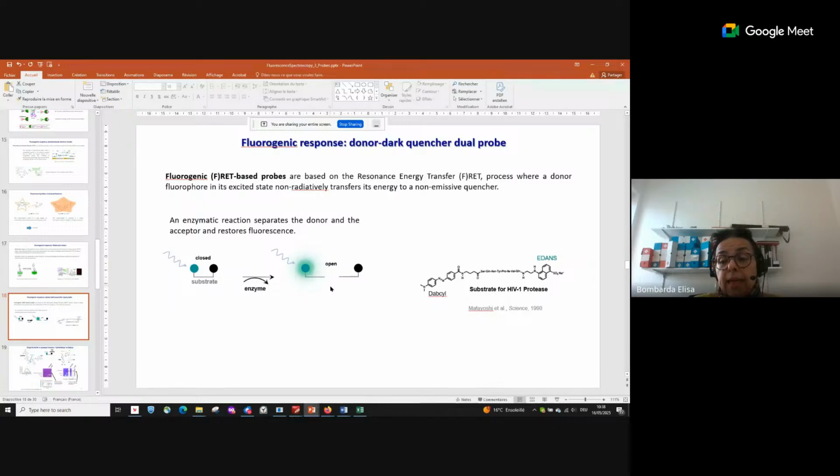The active site of the enzyme, which is a protein, is free again to welcome a new substrate, and then the reaction, the products are released, and again a new substrate, and so on.